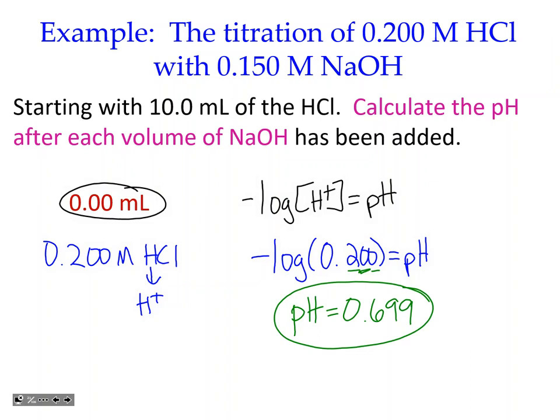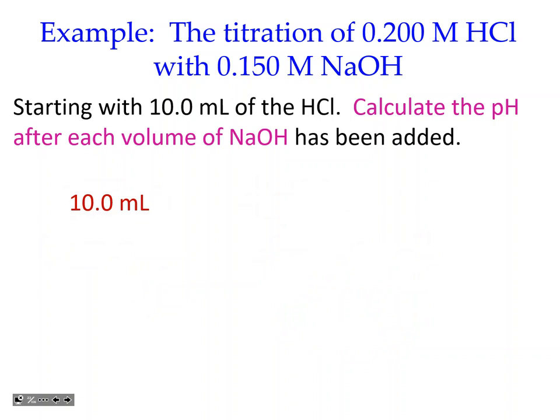Now let's look at after 10 milliliters of hydroxide has been added. All right, this is where we do have to do a few stoichiometric type calculations. We need to compare the moles of each. If you look here at our net ionic, we have hydrogen plus hydroxide, and that's going to give you 1 water.